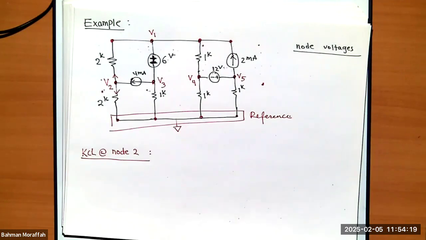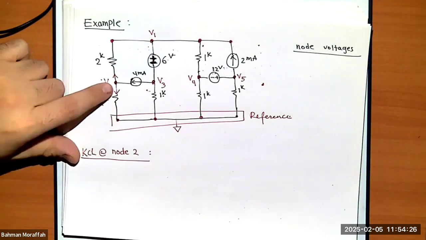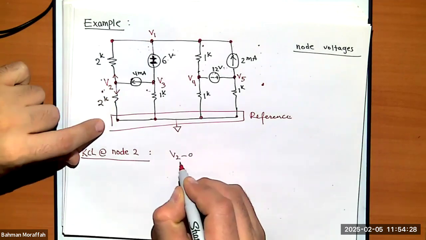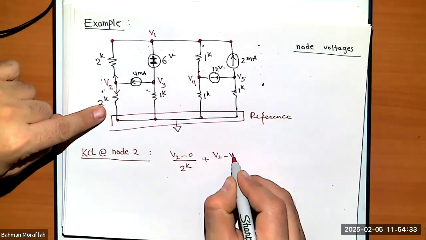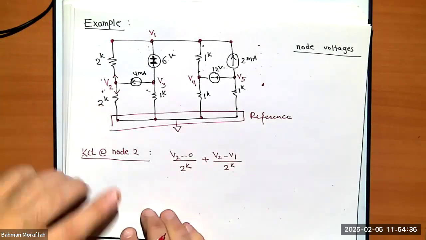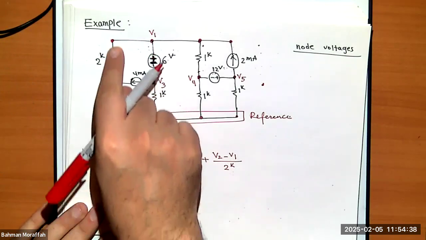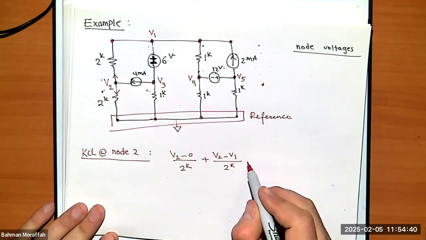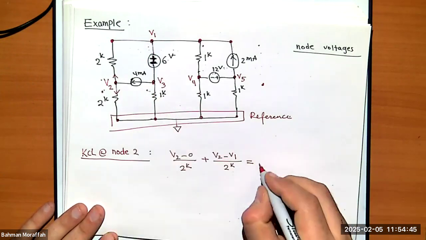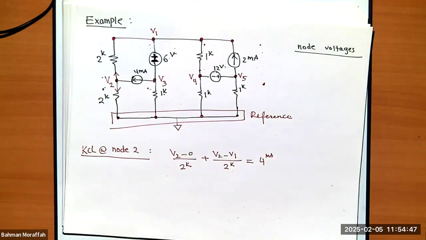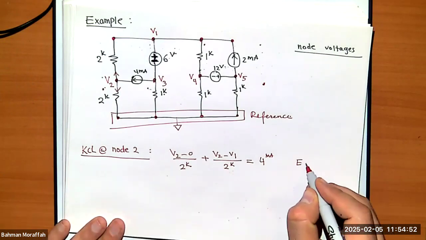Whatever current is going in should be the same as whatever current is going out. So what is the current here? That's V2 minus 0 divided by 2K. The current over here is V2 minus V1 divided by 2K. That's this current. And then that should be the same as the current that's going in, which is 4 milliamps. Let's call this equation.